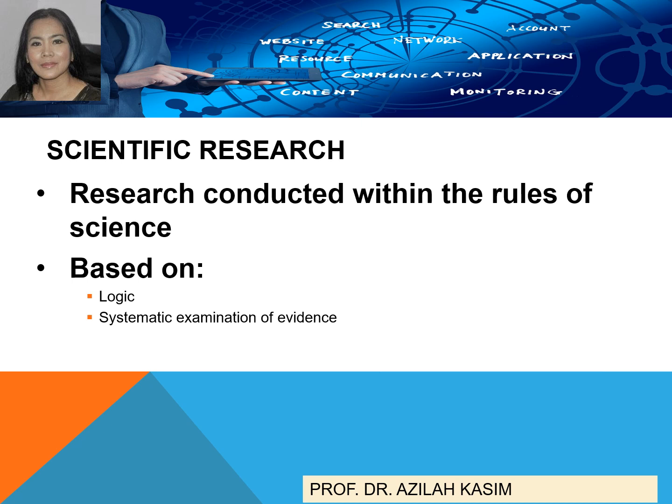A good scientific research can ideally be replicated or repeated. That means if you do it properly, future people can adopt the same method that you use and create their own research.